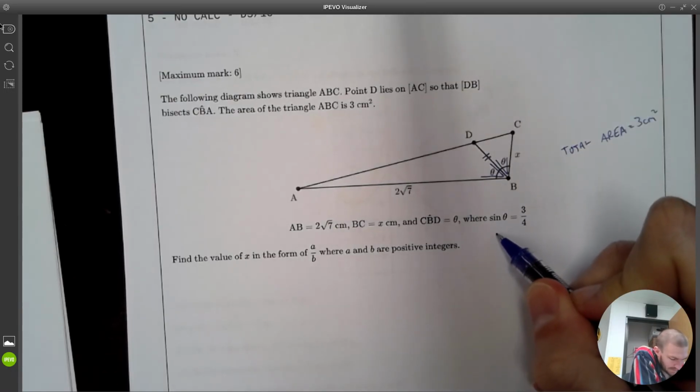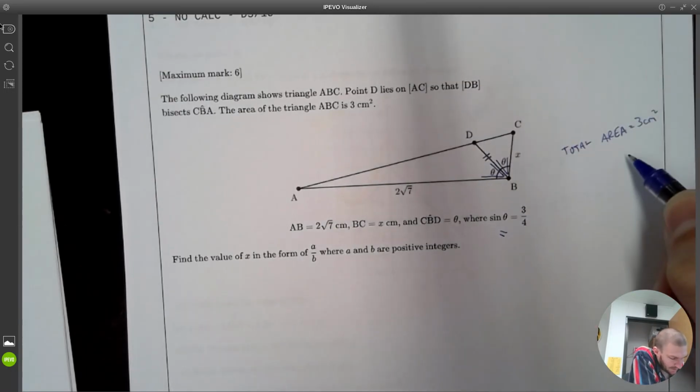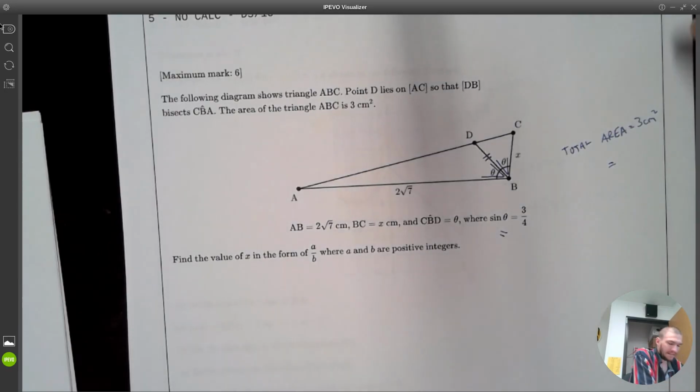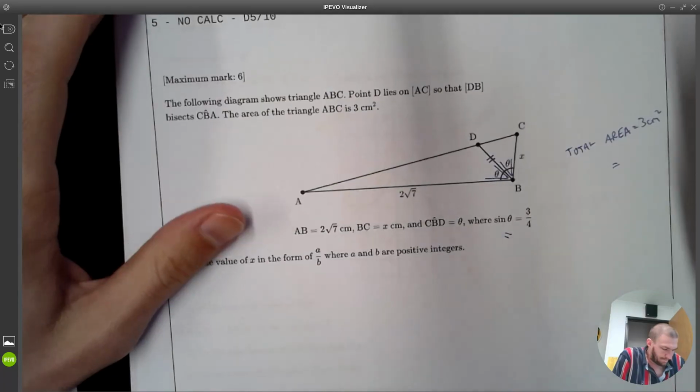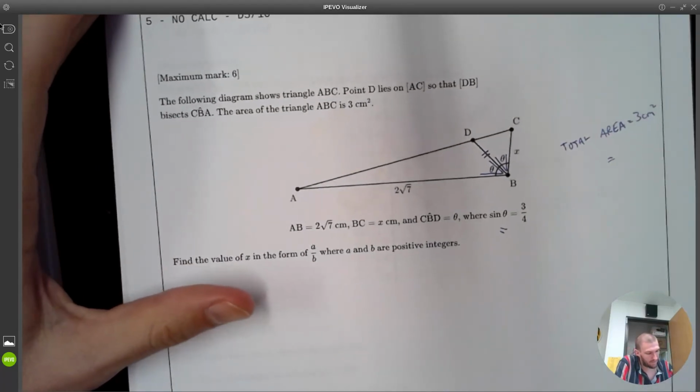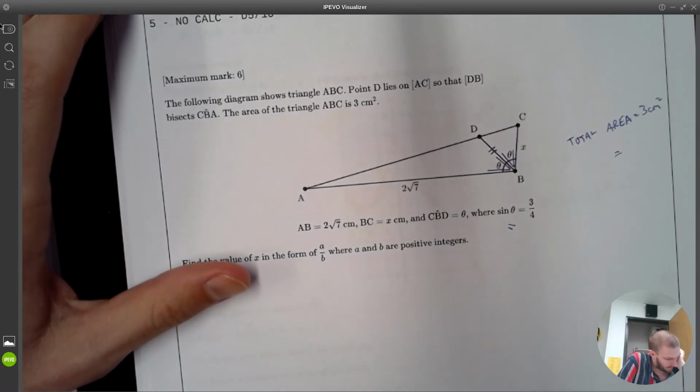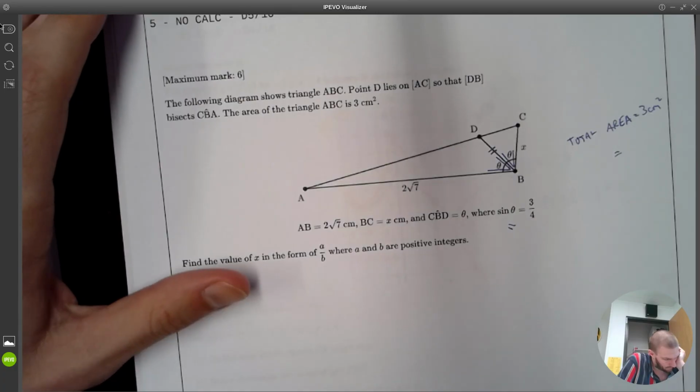I know I need to use this, and I know I need to use this. So I'm gonna need to use these different strategies here. The area of the whole thing. Well, the area of the whole thing is the area of both of them added together.